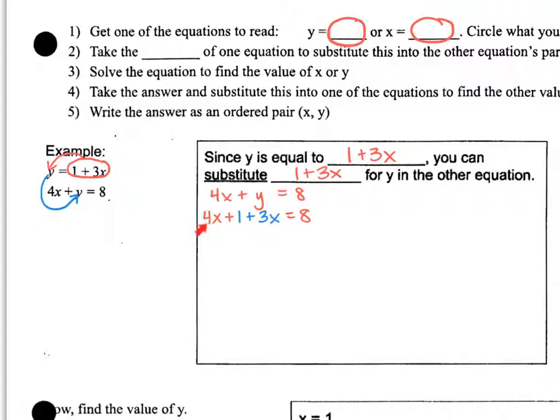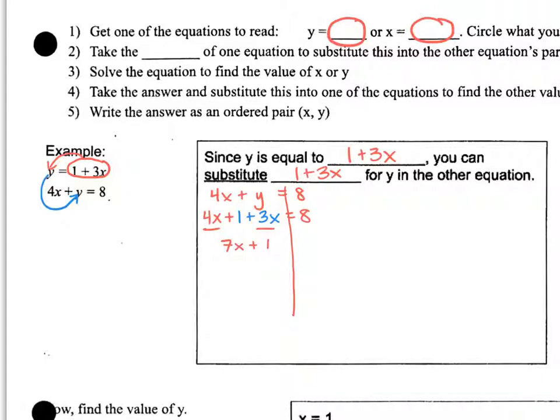That's step number 2. Now, what does that do for us? Our new equation only has x. Since I replaced the y with this thing in blue, now I just get the x by itself. This is just solving an equation with x. So let me draw my fence here, since this is how we're doing this in class. I want to combine my 4x and my 3x. That gives us 7x.